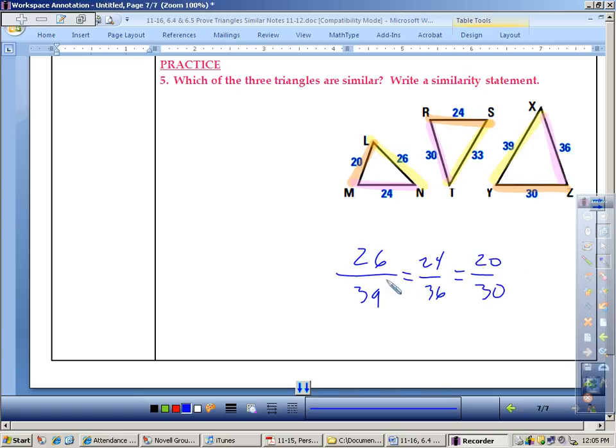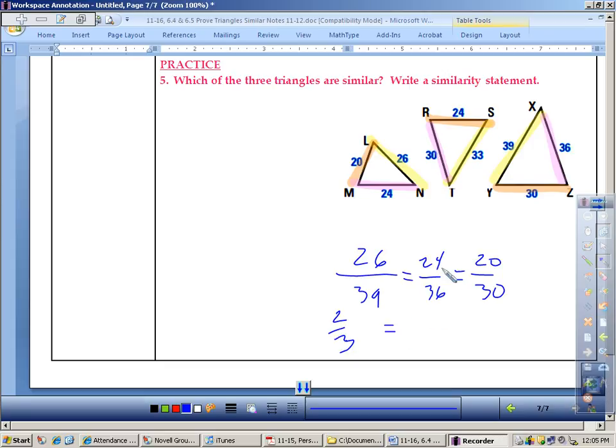And when we reduce all these, you'll find the same ratio. 26 and 39, let's see, 2 will go into both those. No, 2 won't go into both of those. 26 and 39 ends up being 0.66, it's 2/3.